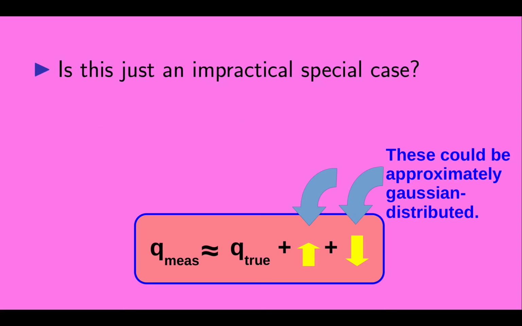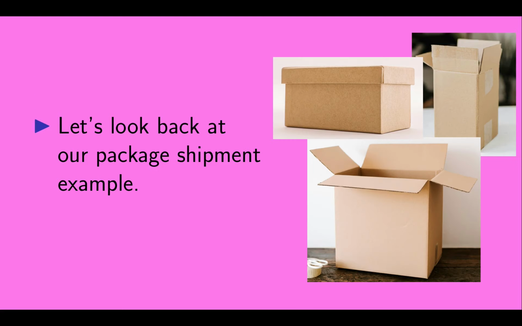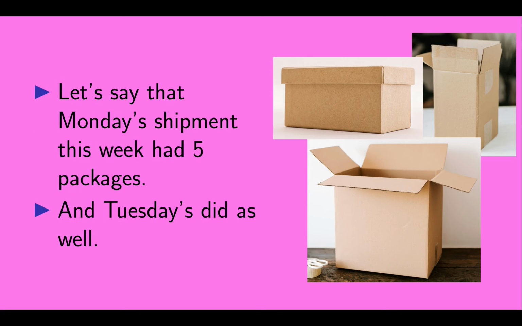Is this just an impractical special case? Nope. The two error sources may themselves be composed of many smaller independent sources of error. Let's look back at our package shipment example. Let's say Monday's shipment this week had 5 packages, and Tuesday's did as well.